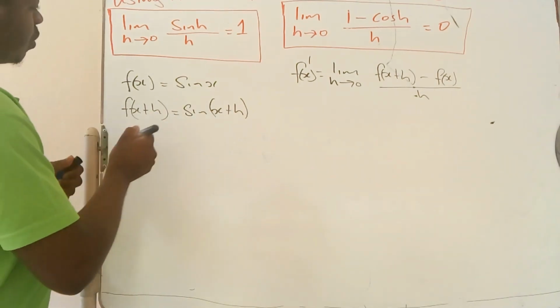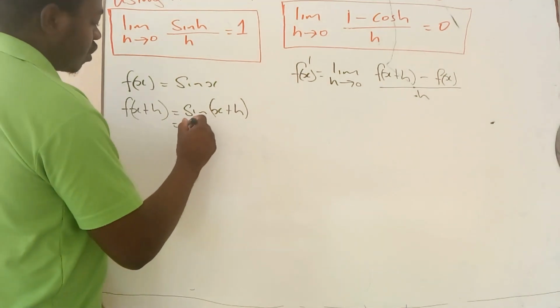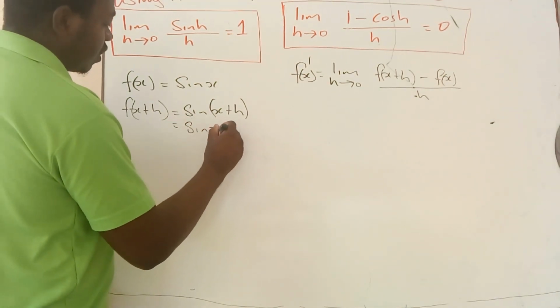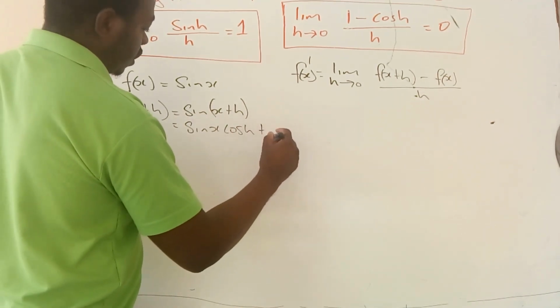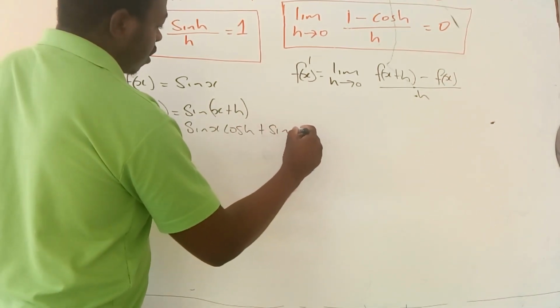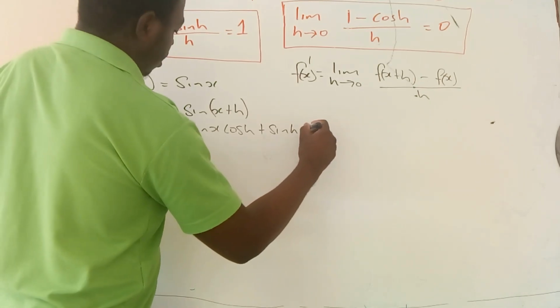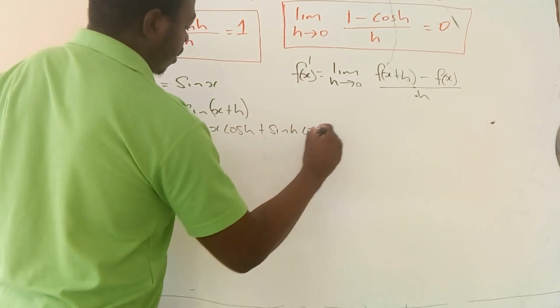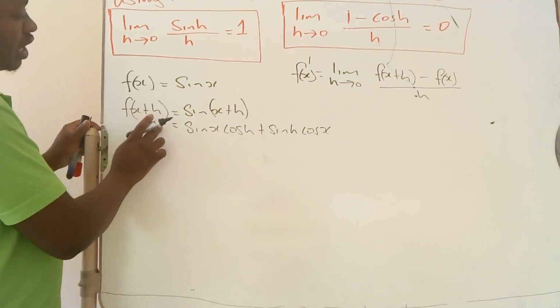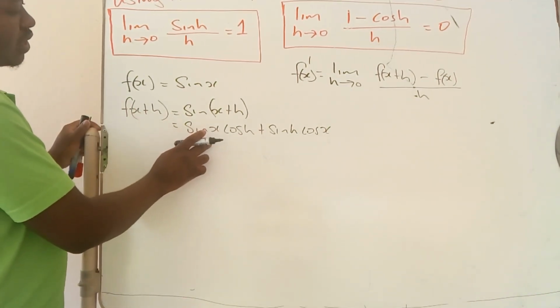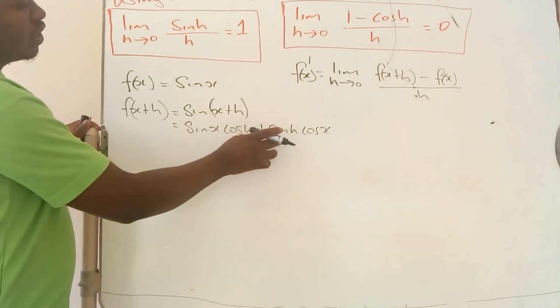So if you expand this, this is going to be sine of x cos of h plus sine of h cos of x. So f of x plus h is equal to sine x cos h plus sine h cos x.